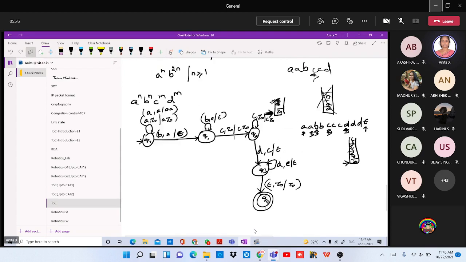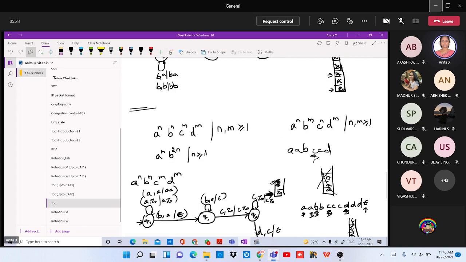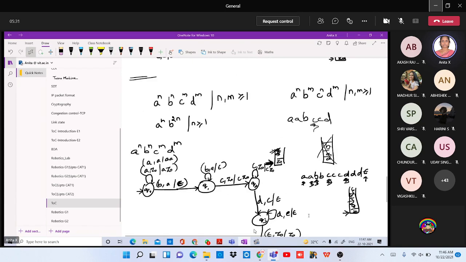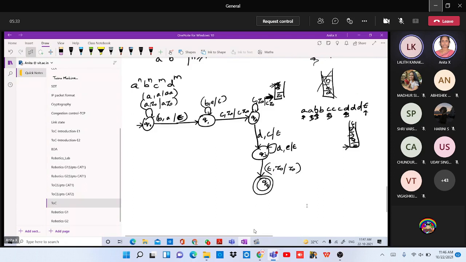This thing I think we can see in the next class. If I'm in Q2, it should be CCCC. In short, we have to push C. The rest is correct.